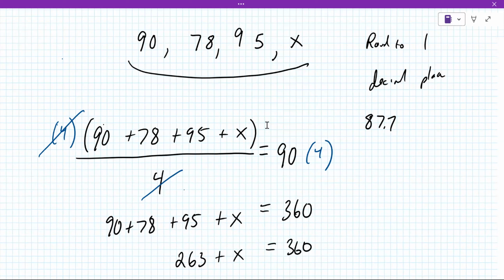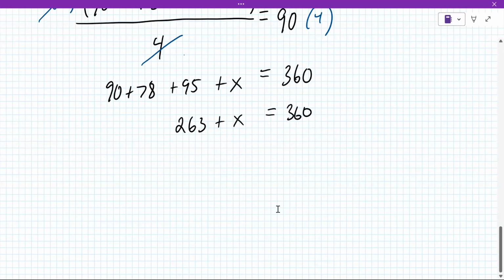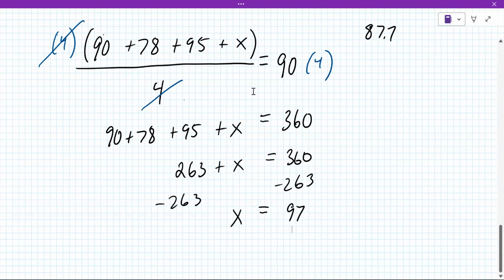Get 263 to the other side. 97. So to summarize, to get that 90% in the class, to get that A, you have to get a 97 on the final.